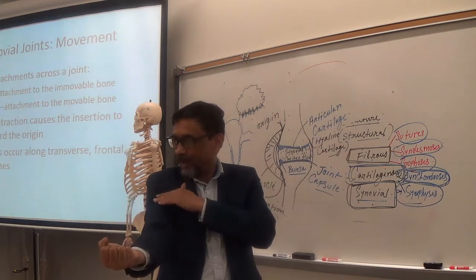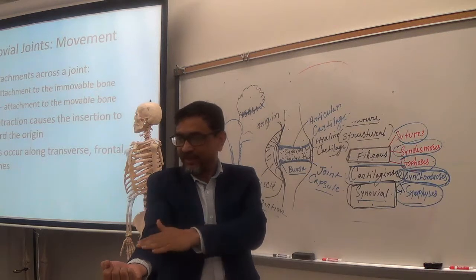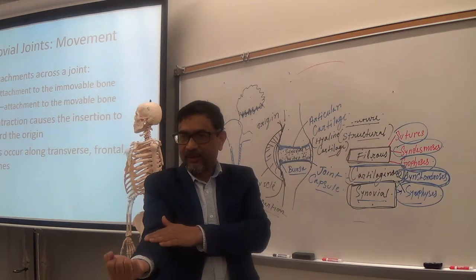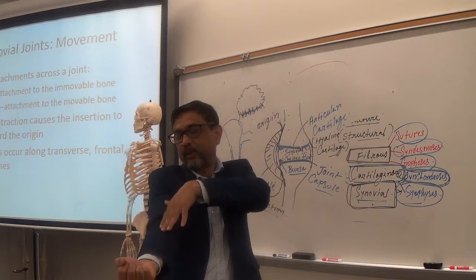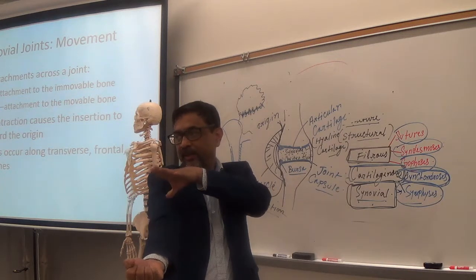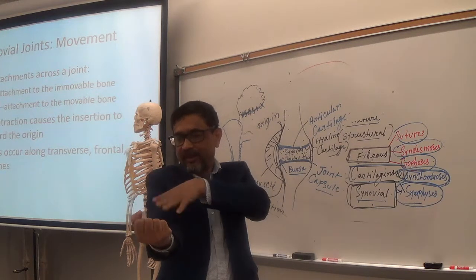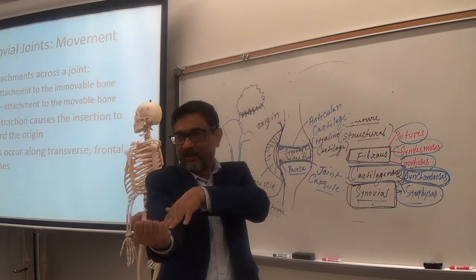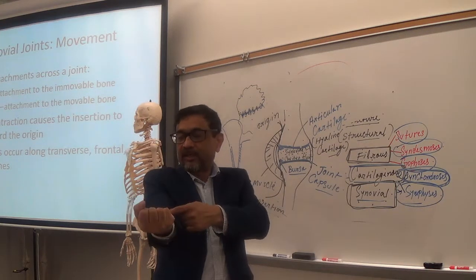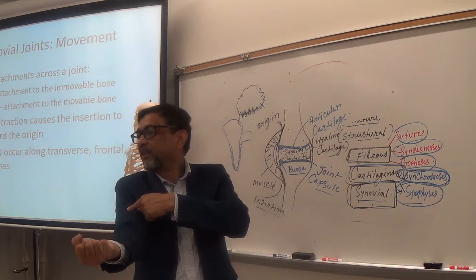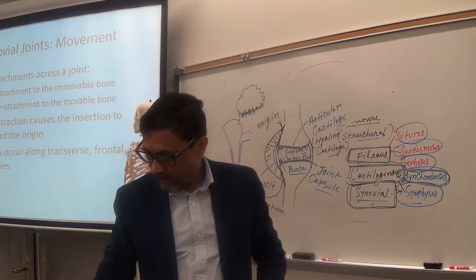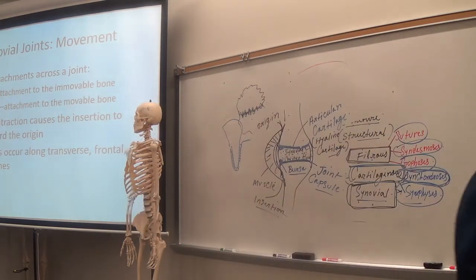The forearm is moving towards the arm, right? But this bone is fixed. These are moving, right? So this muscle has two ends. Is this end origin or insertion? Origin. And this end is moving, right? So this is the insertion. The insertion moves towards the origin. Make sense? So that causes the movement.